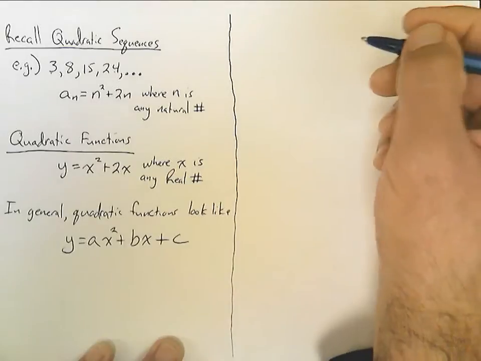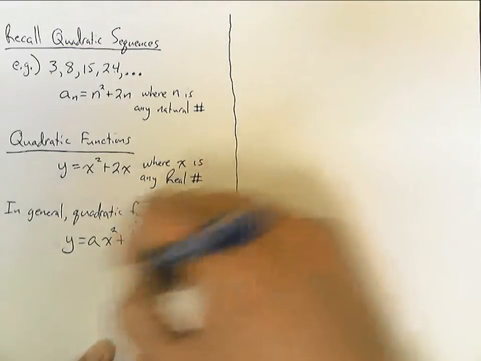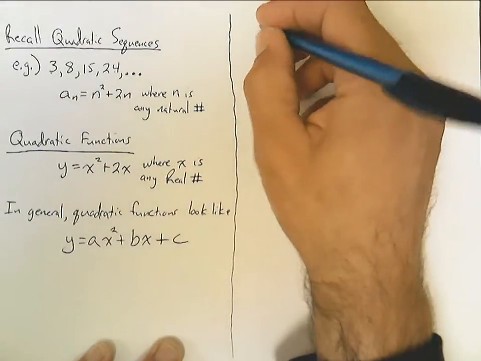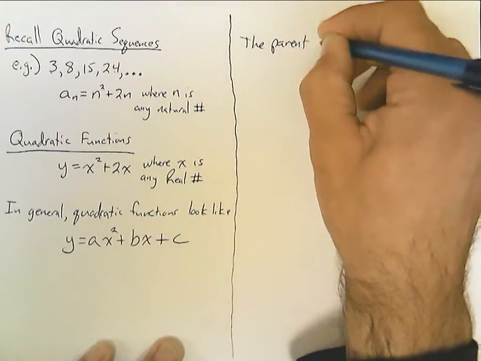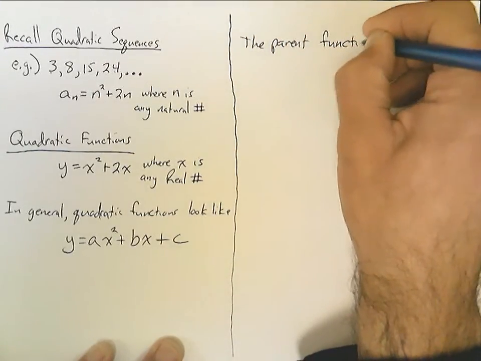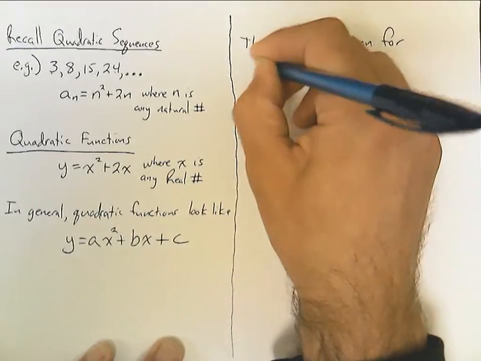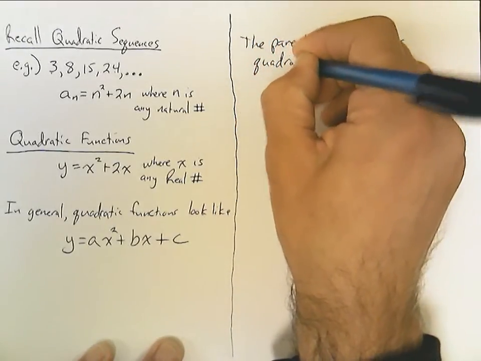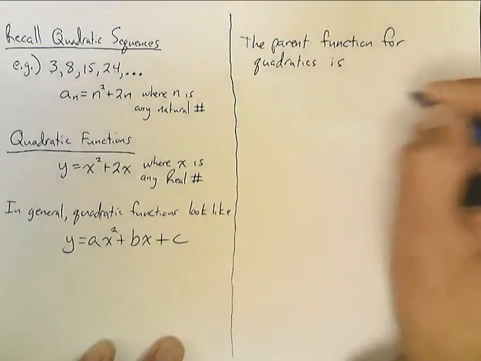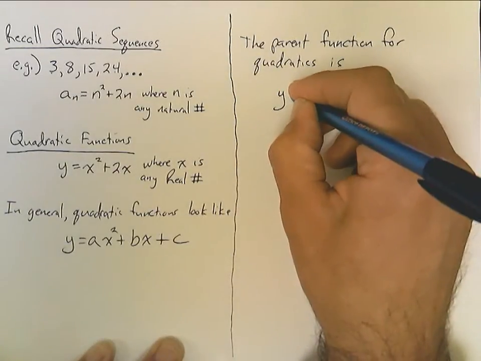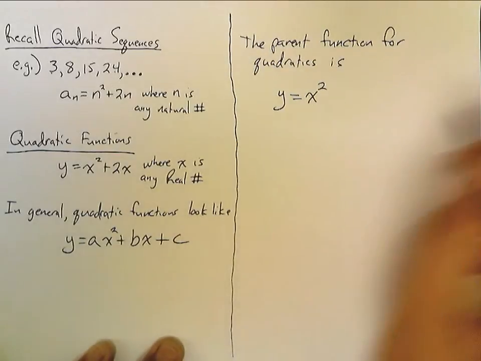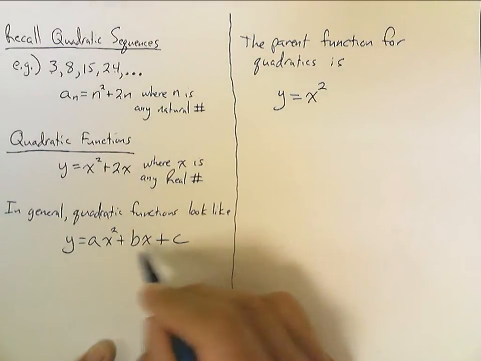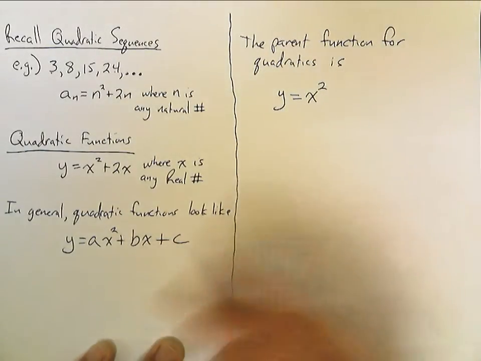And so the simplest version of this quadratic function, the parent function, is y is equal to just x squared. Don't even have anything here. This is called a linear term. This is a constant term.